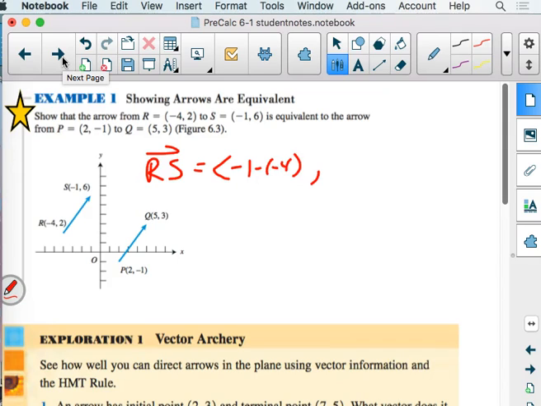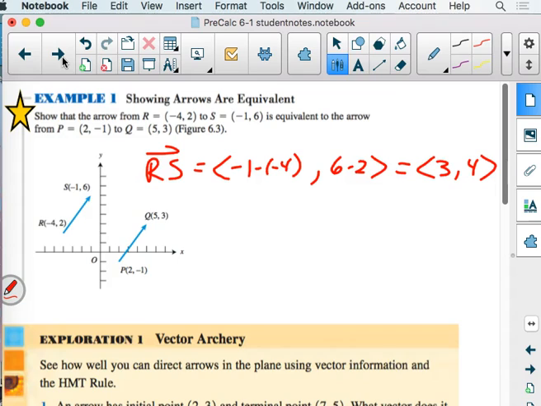And then terminal minus initial for the y's, so 6 minus 2. -1 minus a -4 is -1 plus 4, which is 3. And 6 minus 2 is 4.